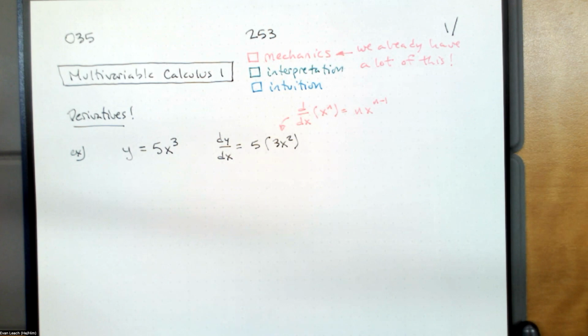The reason that the 5 just hangs out is that we know the derivative is a linear transformation. For those of you who went through linear algebra, that's the linear transformation that we talked about. For those of you who haven't gone through linear algebra yet, that's the linear transformation you're going to be talking about. Linear transformations respect scalar multiplication.